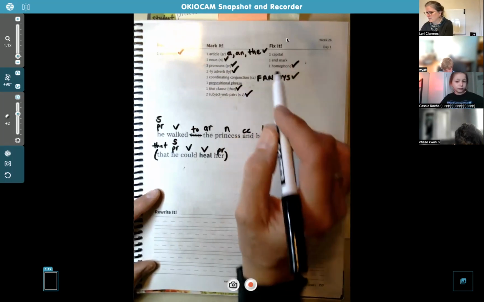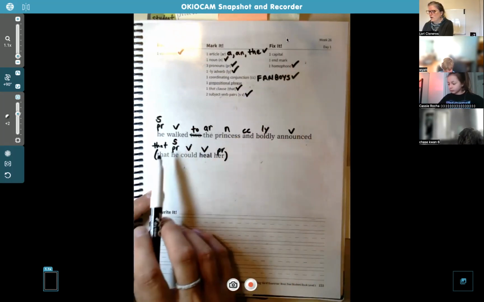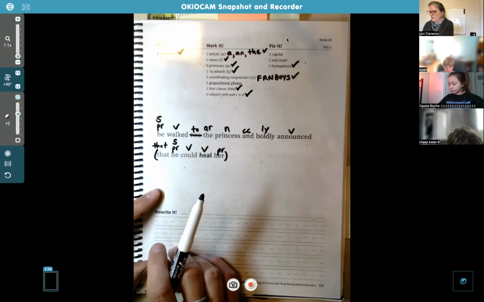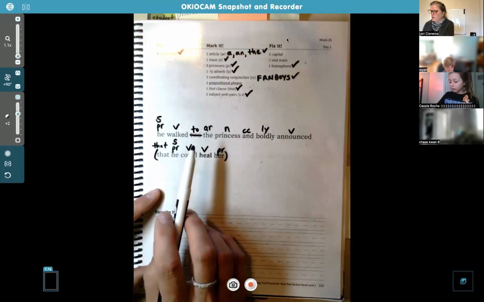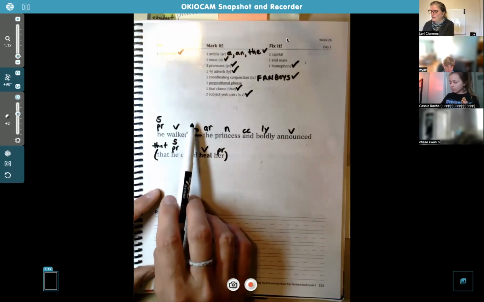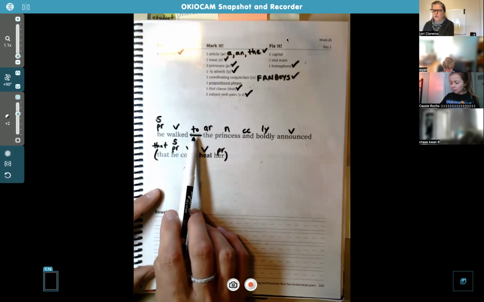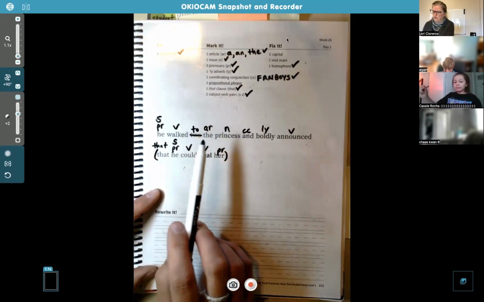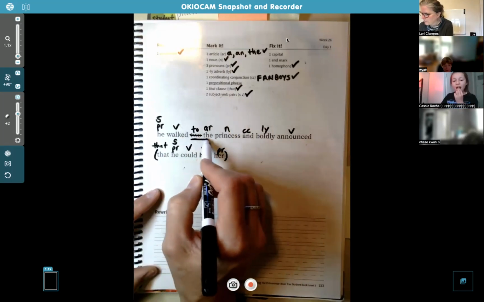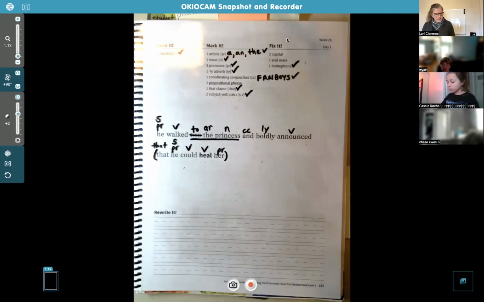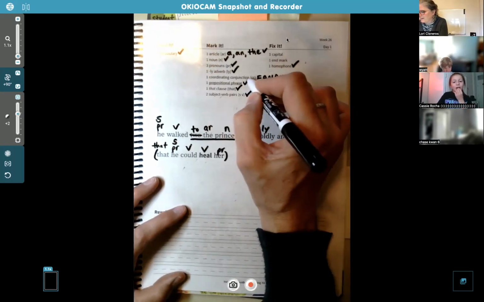Okay, now that we have almost everything labeled here, let's find the prepositional phrase, Wyatt. So the only word that we do not have a label on yet is this word to. To the princess. There you go, to the princess. Everything else, honestly, I was kind of waiting for it. If you do it last, it's really easy to find.